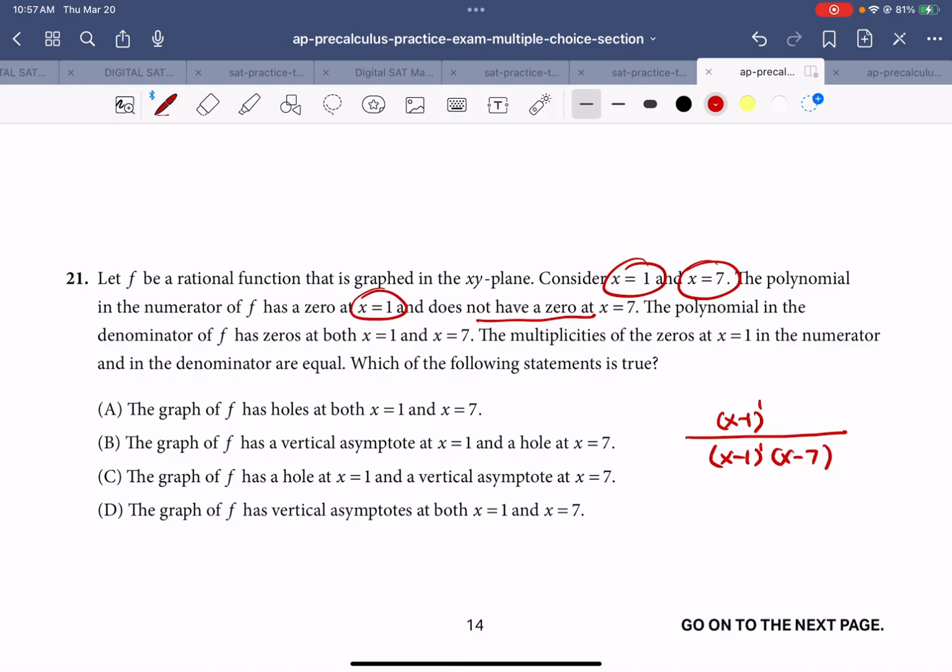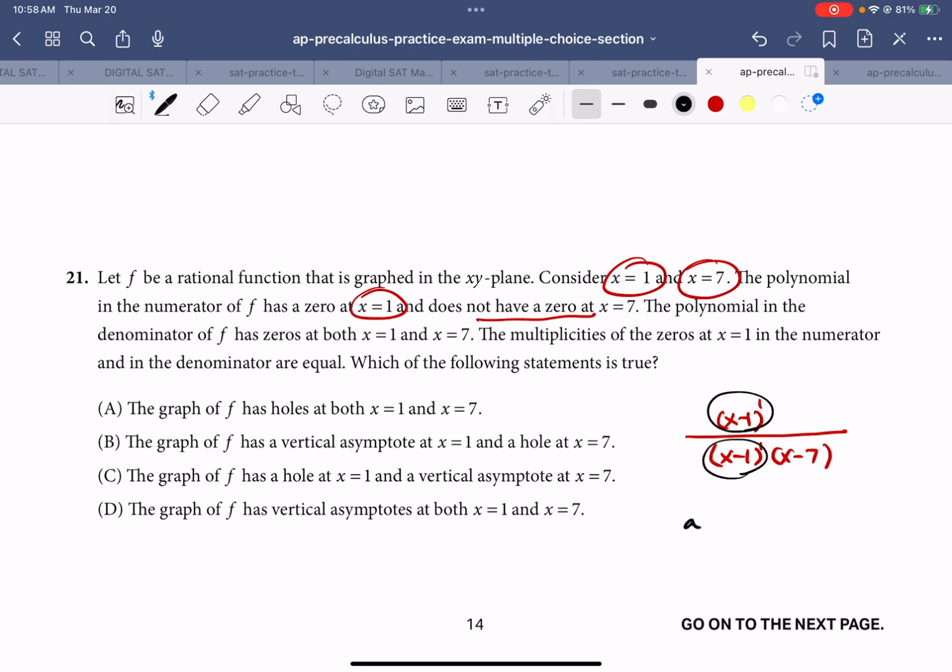As you see, if you have the same factor on the numerator and denominator, that means there's a hole at x equals 1, right? And at x equals 7, you have a vertical asymptote. Those two things you can notice for sure.